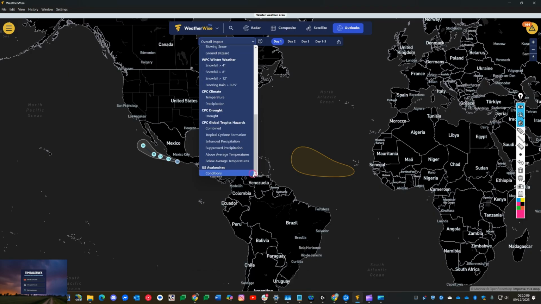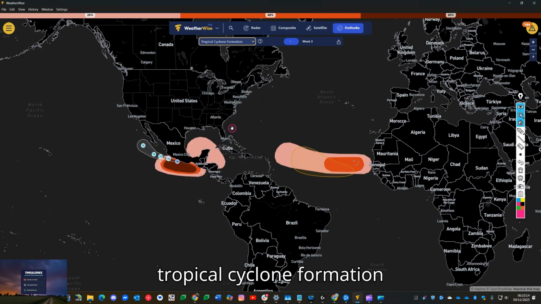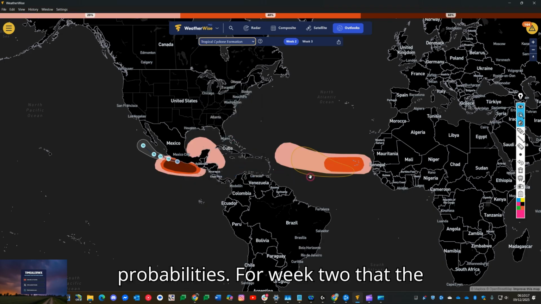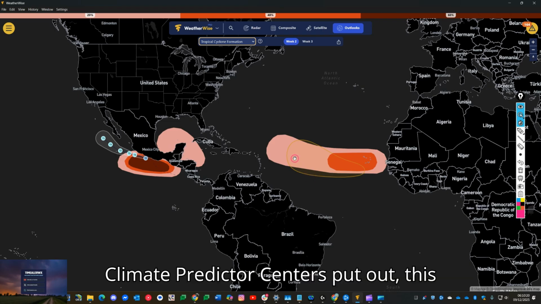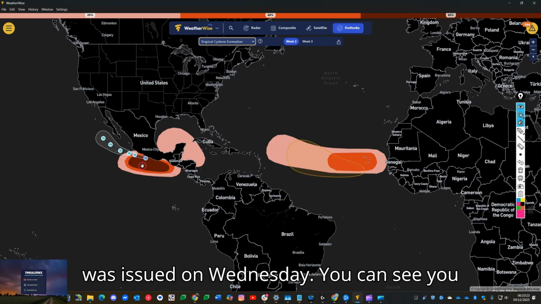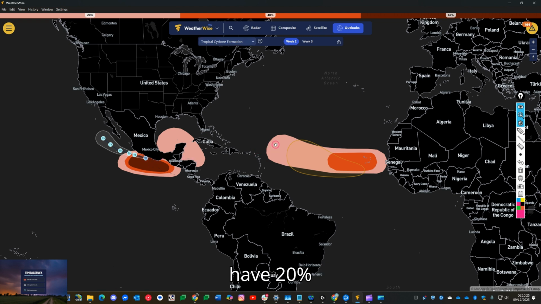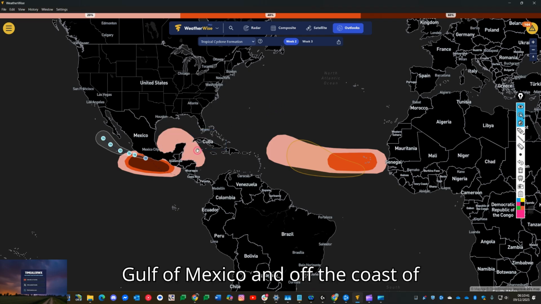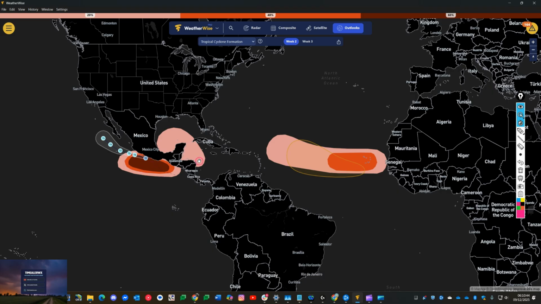I want to go over the tropical cyclone formation probabilities for week 2 that the Climate Prediction Center has put out. This was issued on Wednesday. You can see you have a 20% probability for the next week, 40% in the dark red area, and 20% in the Gulf of Mexico and off the coast of Mexico in the East Pacific.